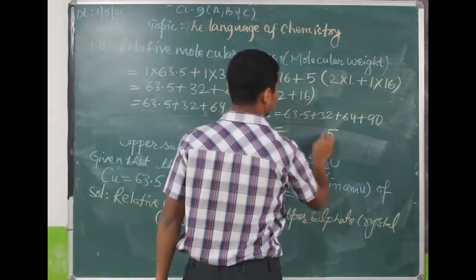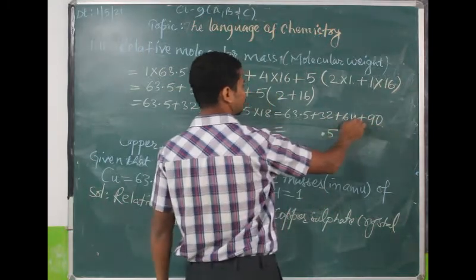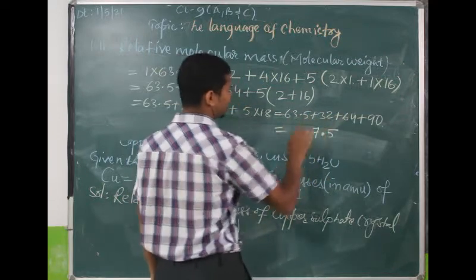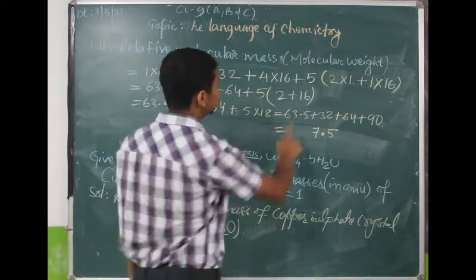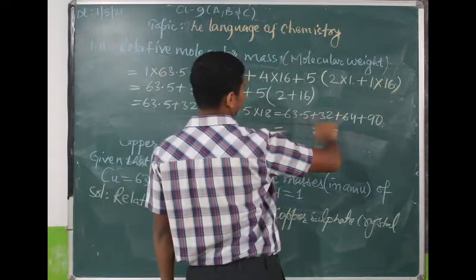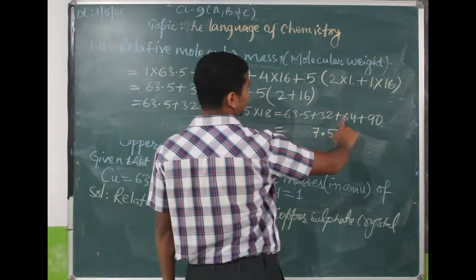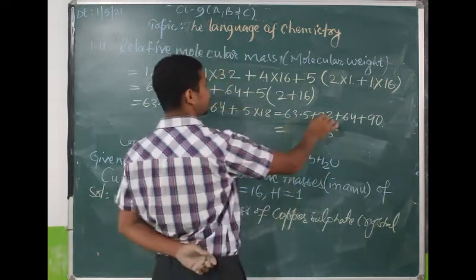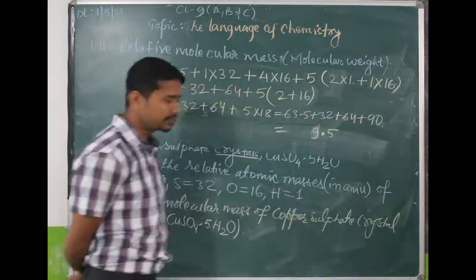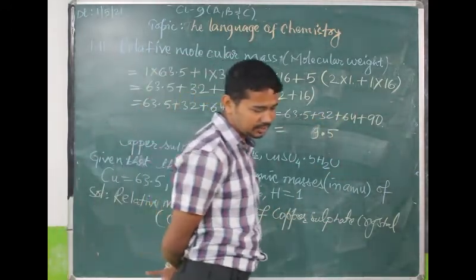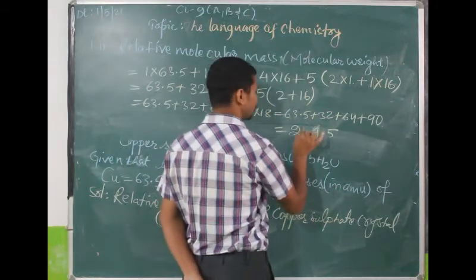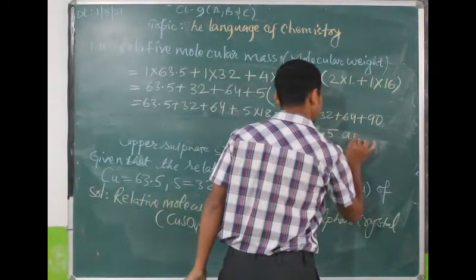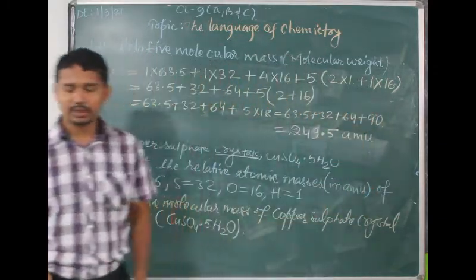0.5. Then 0 plus 4 plus 5 is 9; 2 plus 6 is 8, 8 plus 3 is 11... and adding everything gives 249.5.